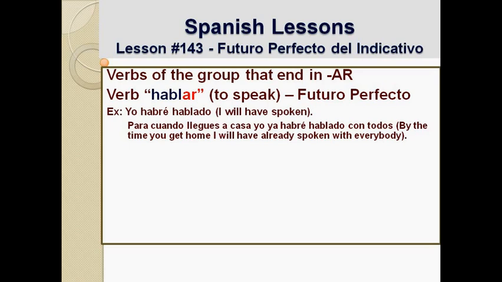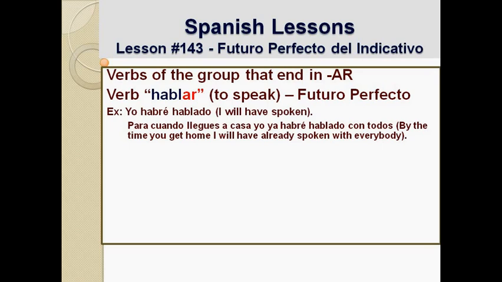I will have already spoken with everybody, right? The word already shows us that this has already happened or will have already happened by the time you get home, okay? So this second part, the one that will happen immediately before, there's when we use the futuro perfecto.